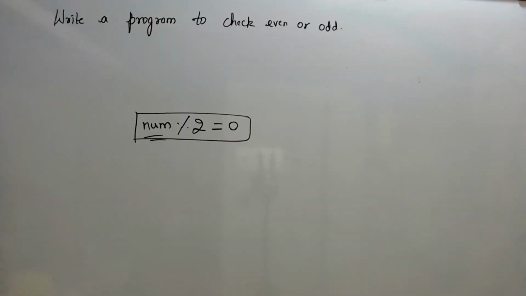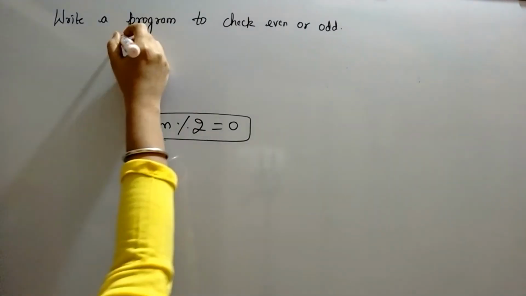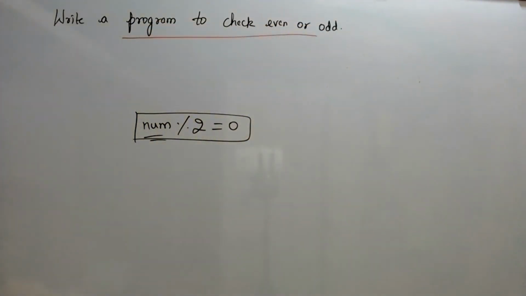Now let us write another simple C program to check whether the entered number is even or odd. How to check whether the number is even or odd? For example, if I enter 3, is 3 even or odd? It is an odd number, you all know that.